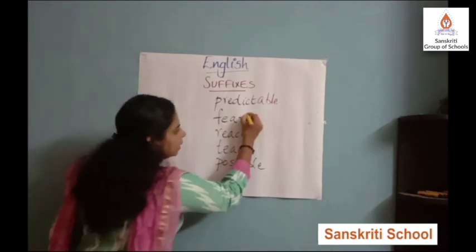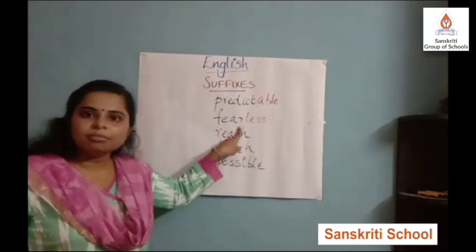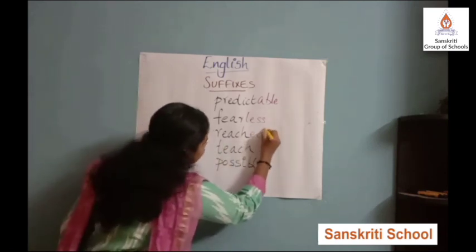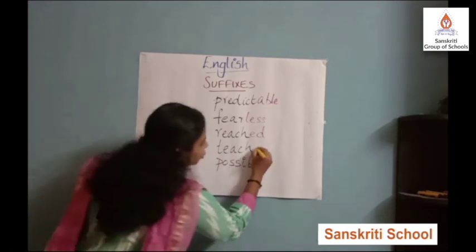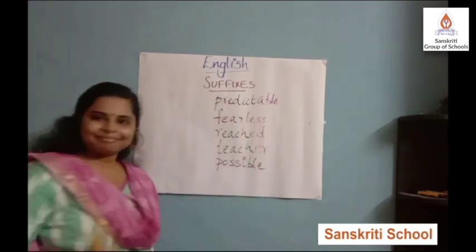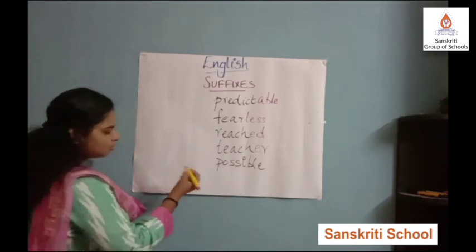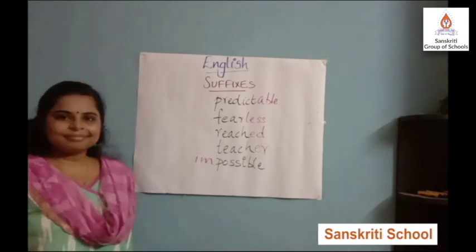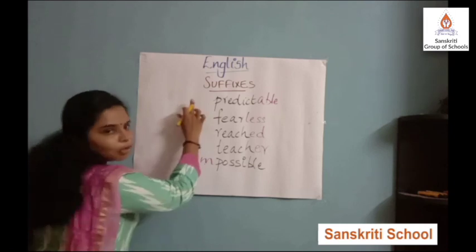Now I'm going to add L-E-S-S at the end of fear. And at the end of reach, I'm going to add ED, reached. At the end of teach, I'm going to add ER. Whereas here, let me add in the beginning. Let me find one more word. Say for example, I'm going to add here also in the beginning.